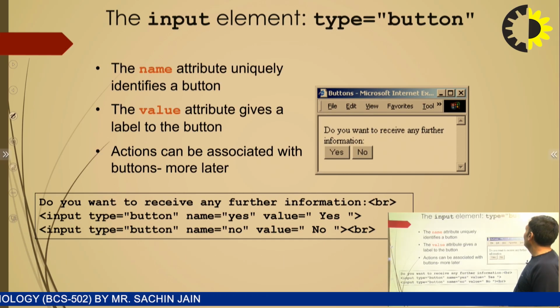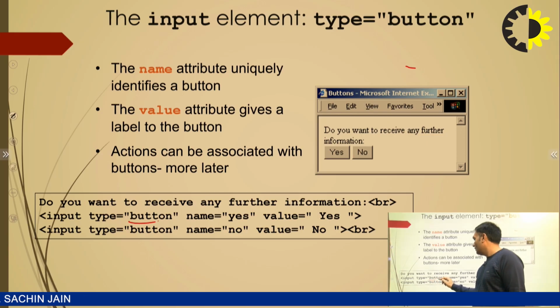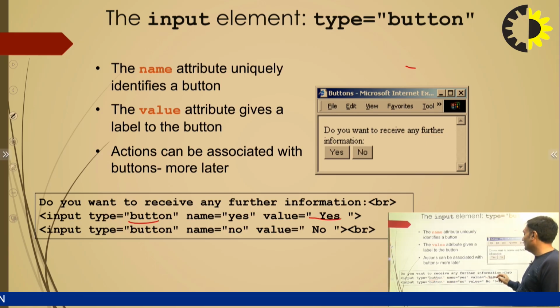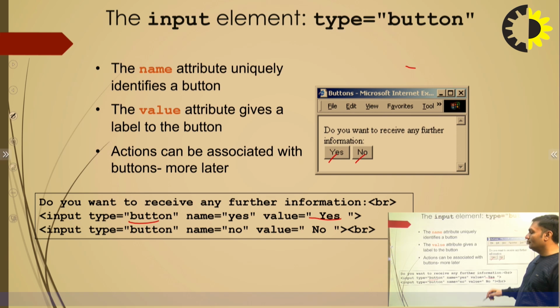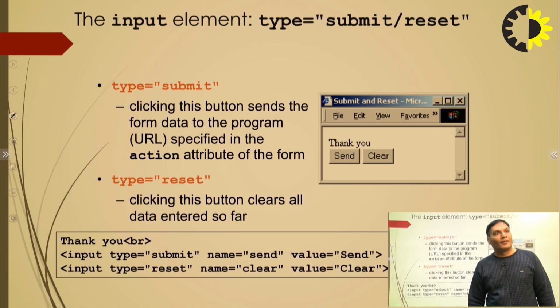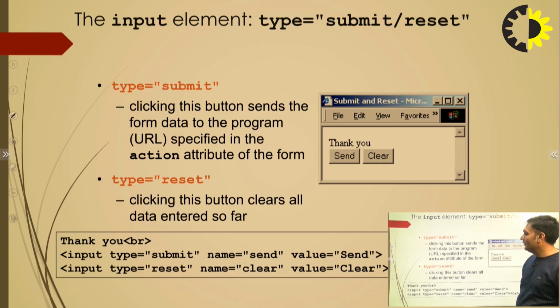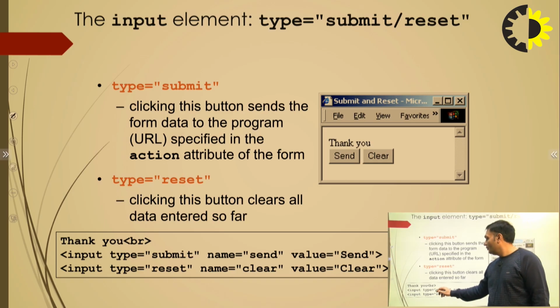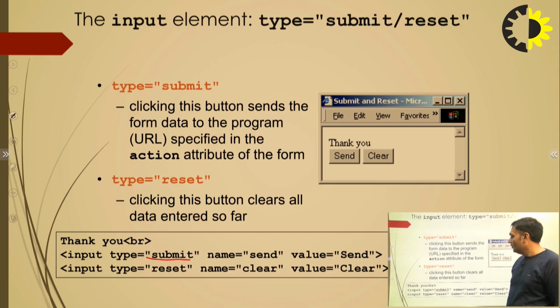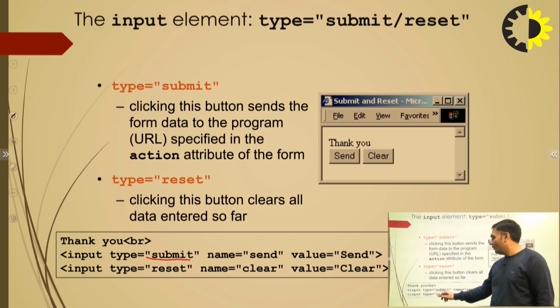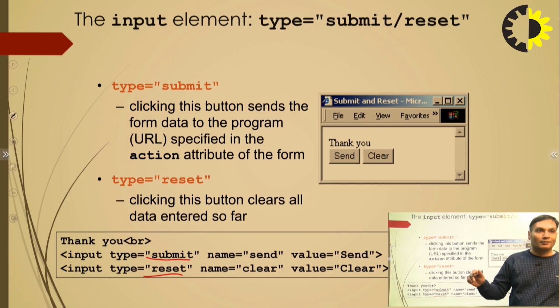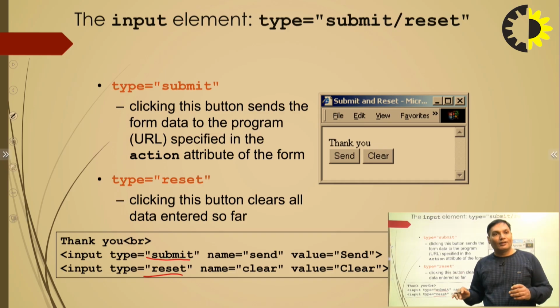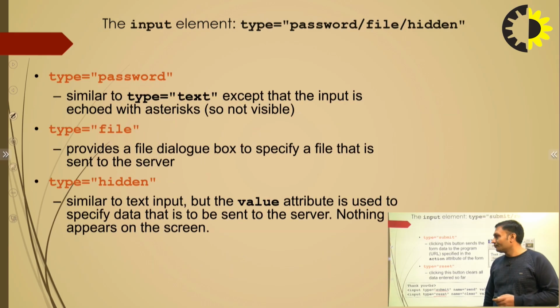If we want to take a button, then we can use input type equal to button and the possible values yes or no, in this way. If we are taking the submit button or making a reset button, then we can use input type equal to submit or input type equal to reset. The submit button will submit the form data and the reset button will clear all the data that we have filled inside the form.